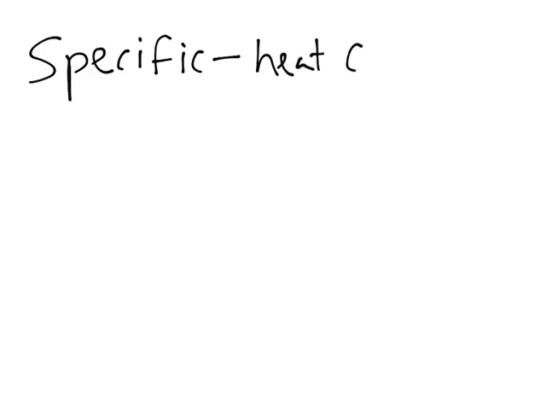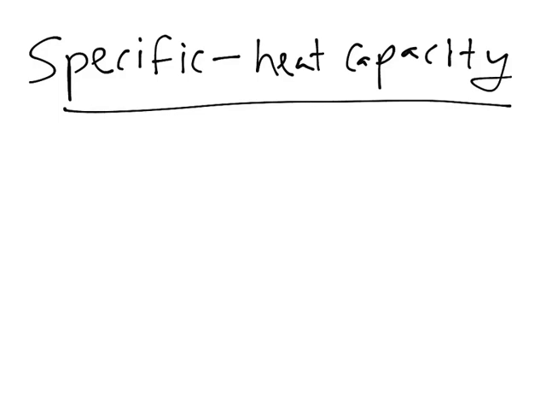So specific heat capacity. A specific heat capacity basically represents the energy required to change 1 gram of substance by 1 temperature unit.